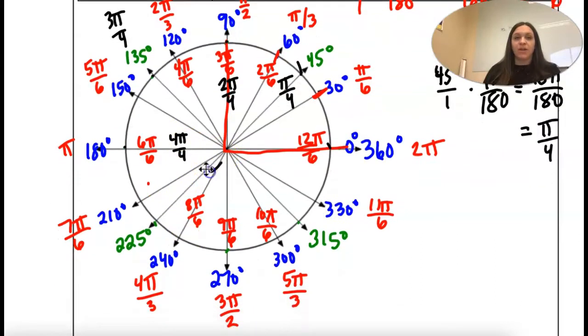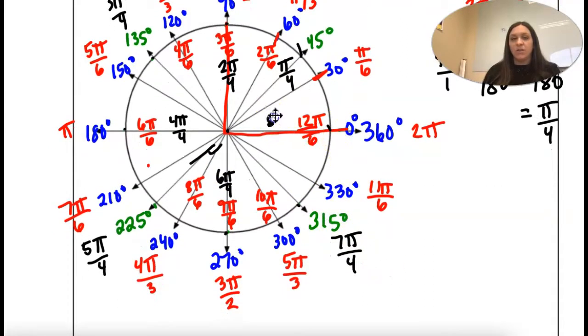My next 45 is 5 pi over 4, then 6 pi over 4, which reduces to 3 pi halves, and then 7 pi over 4. All the way around is 8 pi over 4, which reduces to 2 pi.